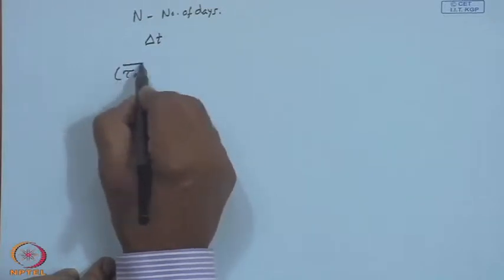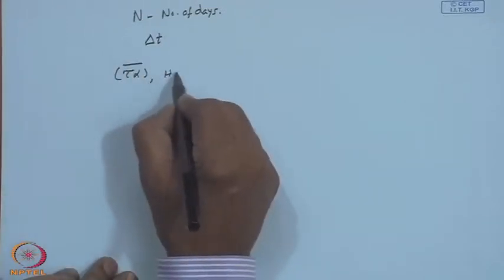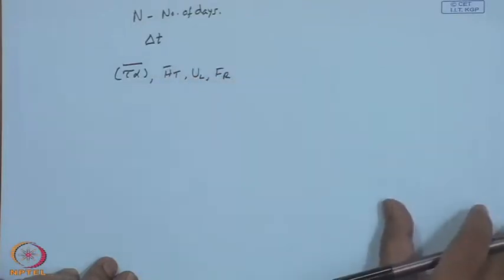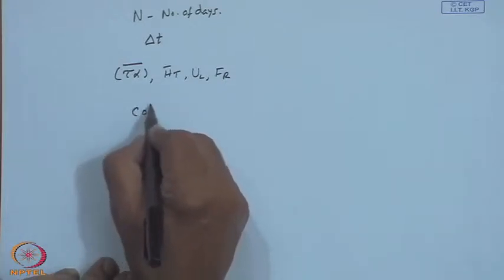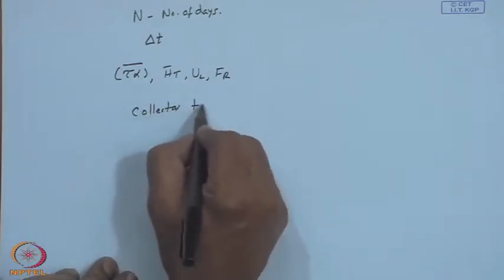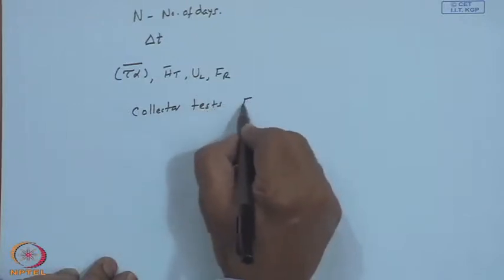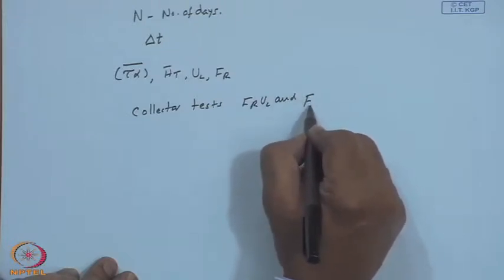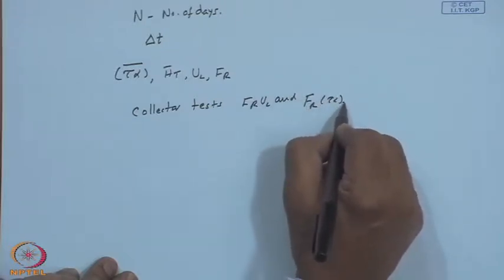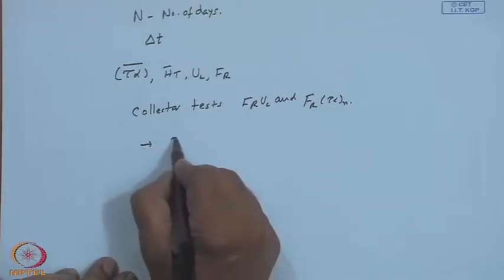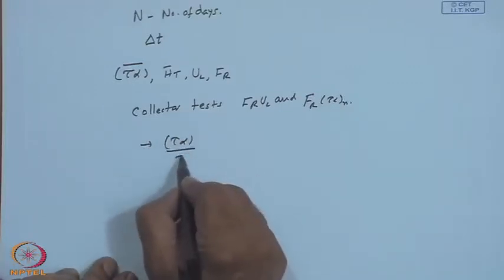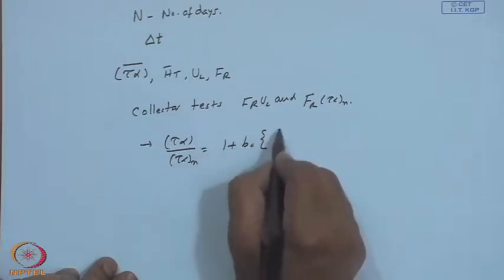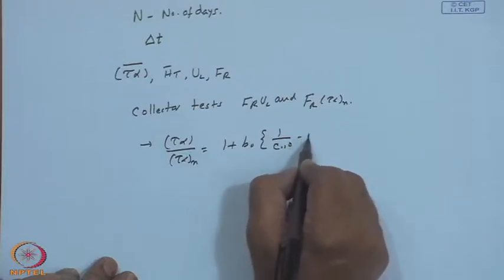we have spent time calculating tau alpha bar, H T bar, UL, FR. Of course, from the collector tests you can get FR UL and nearly FR tau alpha normal, from which you can have the ASHRAE relation, tau alpha by tau alpha n is 1 plus B 0 times 1 by cos theta minus 1.